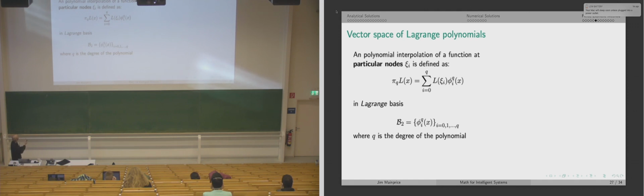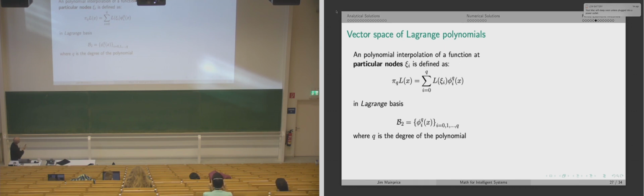The key idea, though, that we should understand is that a polynomial interpolation of a function at a particular node is defined in the following way. It's the linear combination of the basis functions, and the coefficient is actually the value that the polynomial takes at a particular point, c_i.